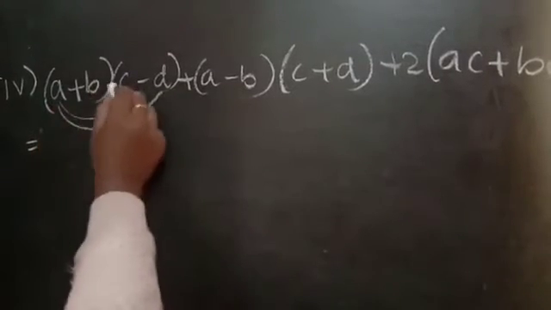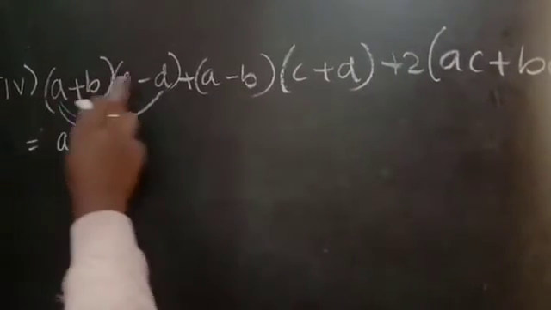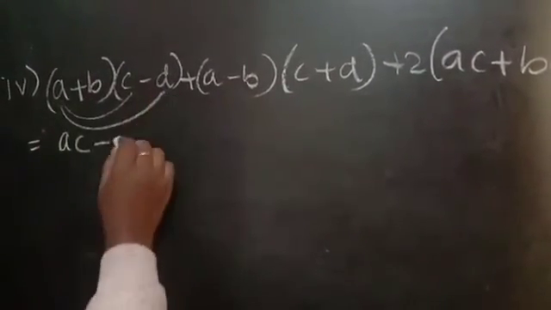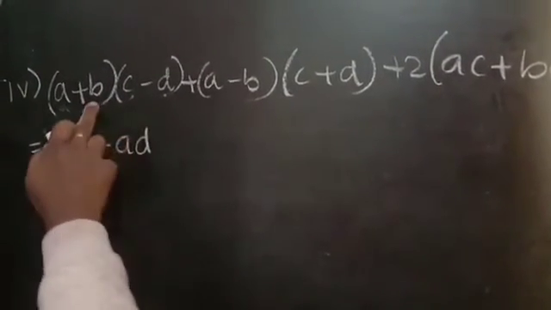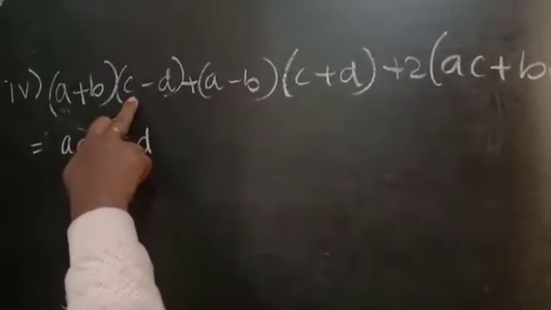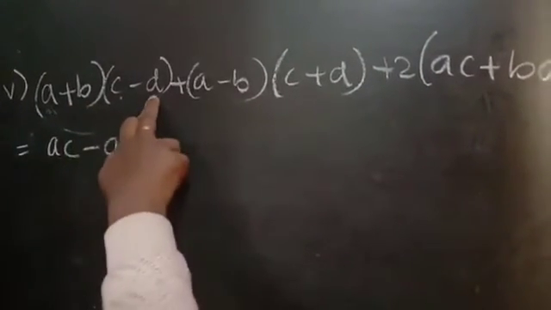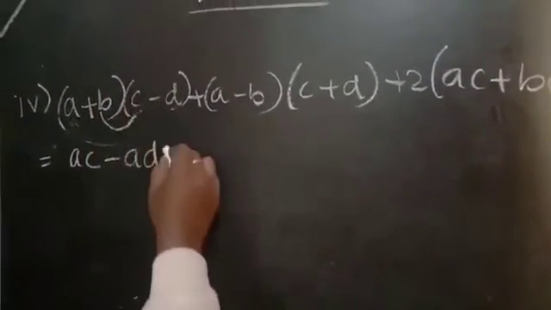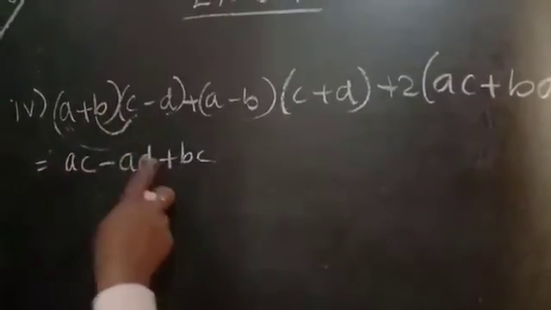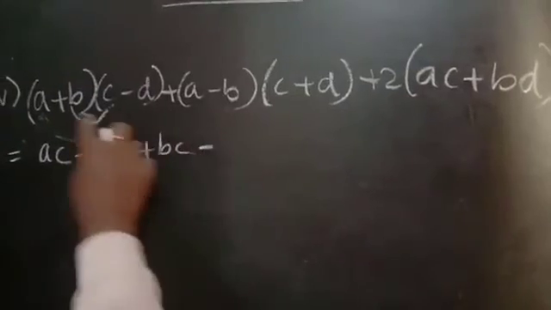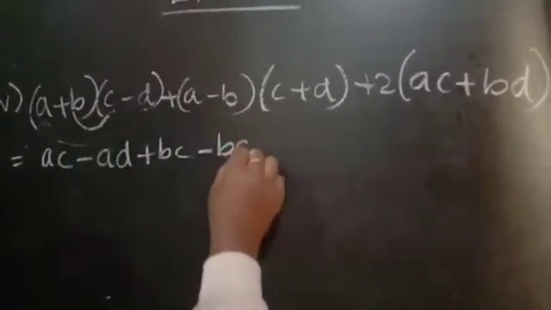So a into c, ac; plus into minus, minus, a into d, ad. Then again b with the c and the d. So b into c plus bc, because plus into plus is plus; plus into minus, minus, b into d, bd.